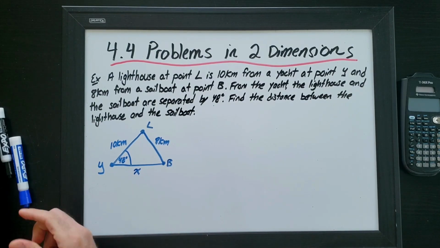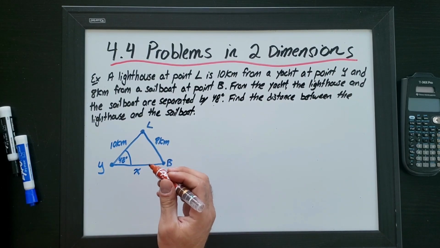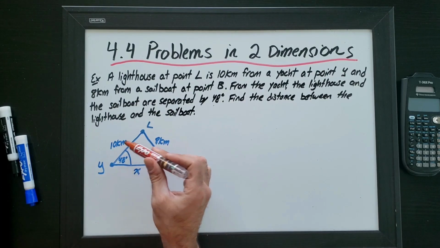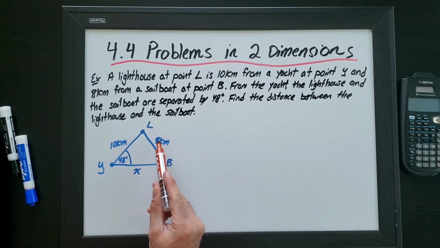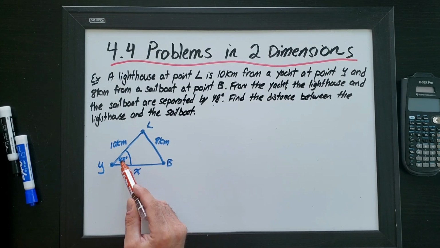Now, the first thing we have to do is we have to determine whether we have an ambiguous case or not. Now, how do we know if we have an ambiguous case? We're going to have side, side, opposite angle. So I have these 2 sides, right? These are the sides I have, but I don't have the angle in between them. I have an opposite angle.